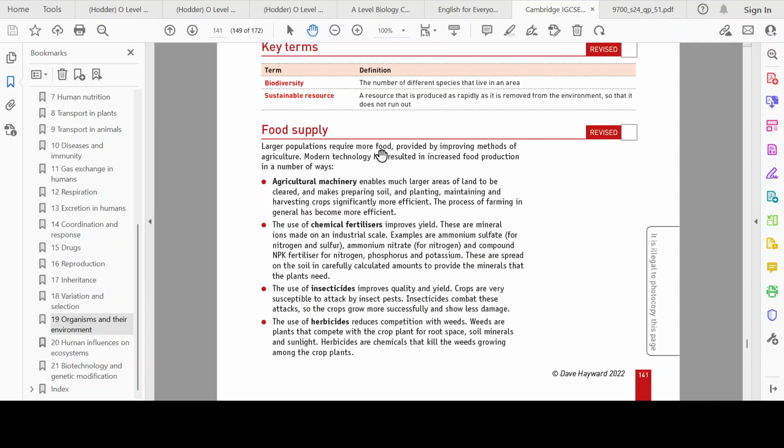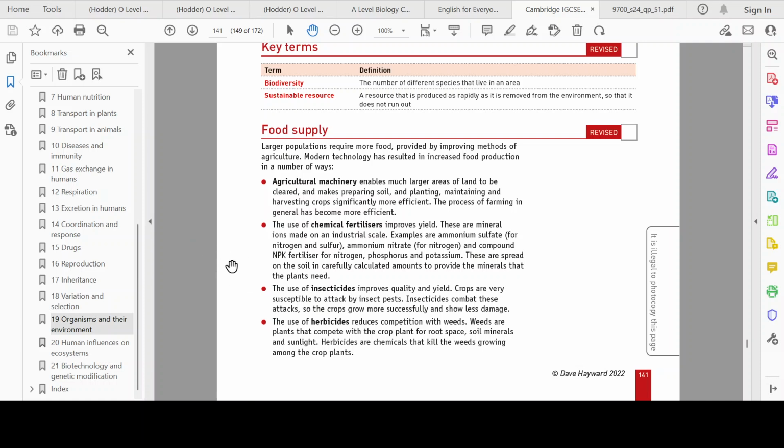Larger populations require more food, and so to improve agriculture, because that's the main source, you have agricultural machinery, which allows large areas of land to be efficiently used for growing crops. Then you've got chemical fertilizers, which increase the nutrient content of the soils, which allows more crops to grow with higher yields. Fertilizers are NPK, that's nitrogen, phosphorus, and potassium. Those are the main types of fertilizers used.